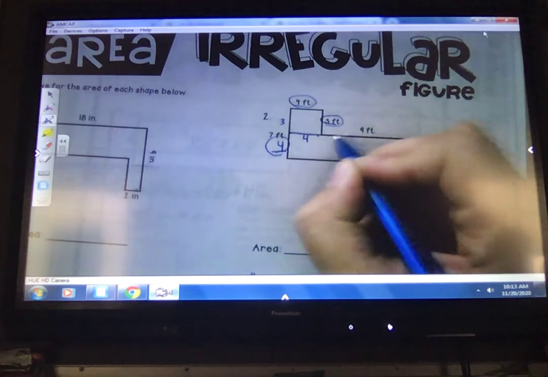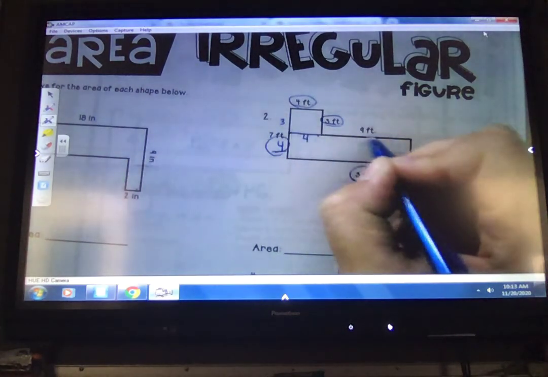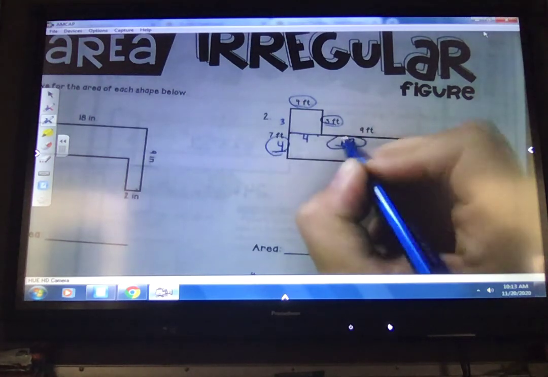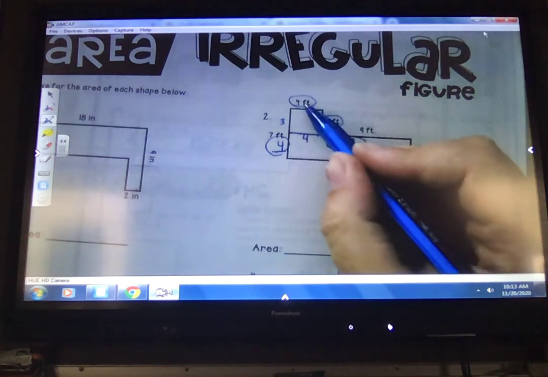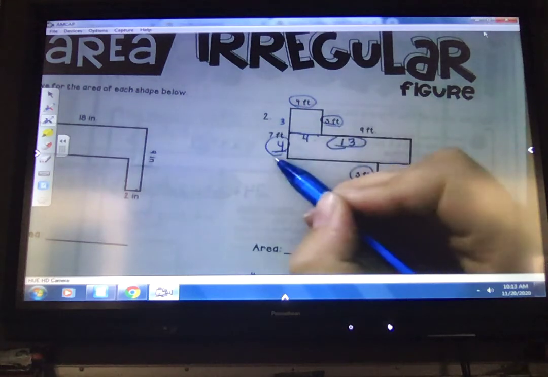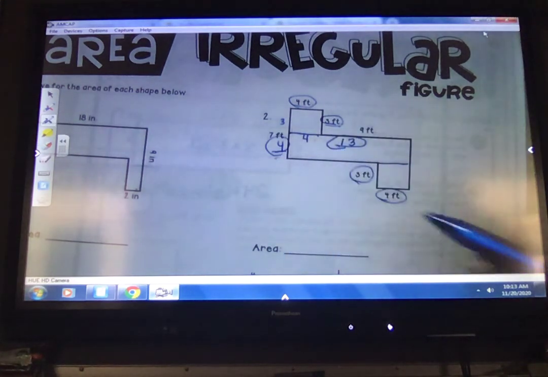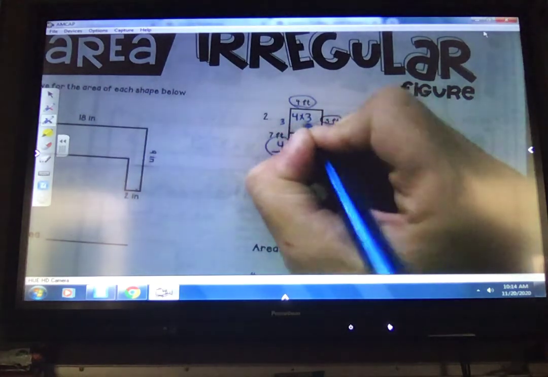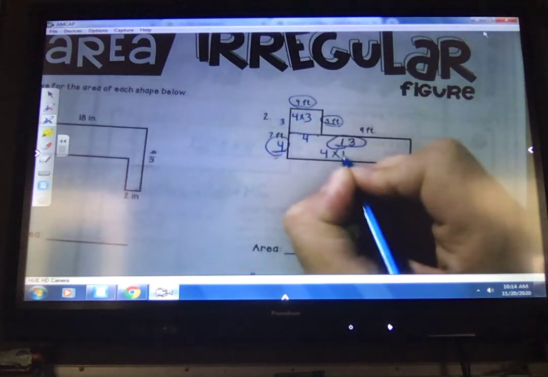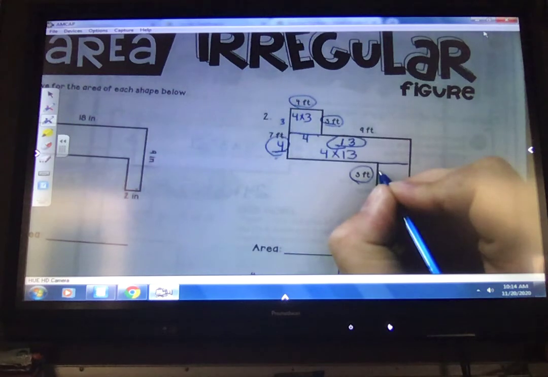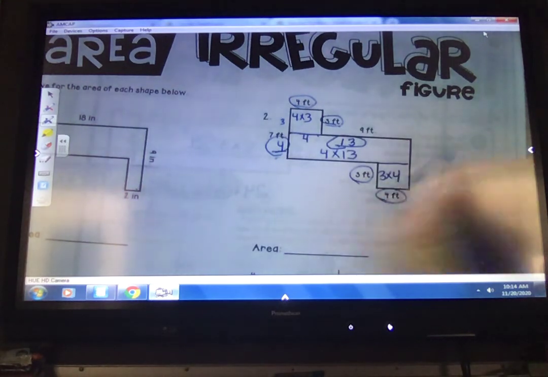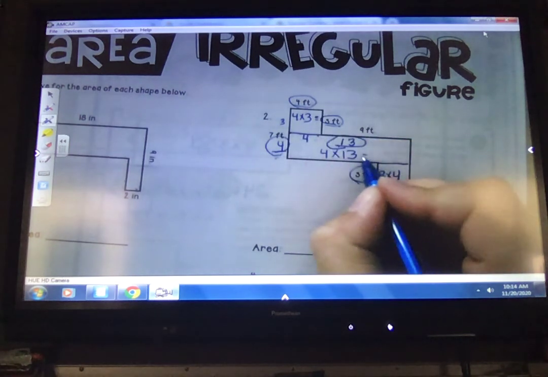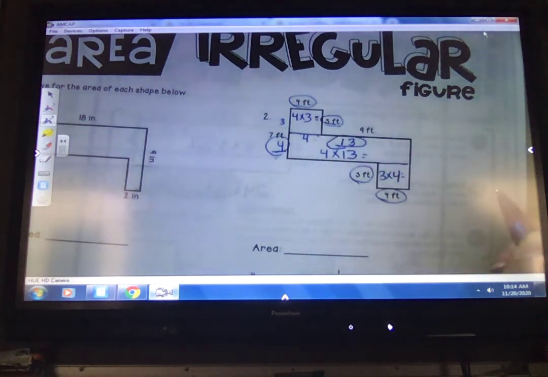So 9 and 4, what would this longest side be? 13. So there's your 2 numbers. 4 and 3, 4 and 13, and 4 and 3. So you're going to say 4 times 3, 4 times 13, and 3 times 4. When you get those 3 answers, you need to add them back together to find your total area.